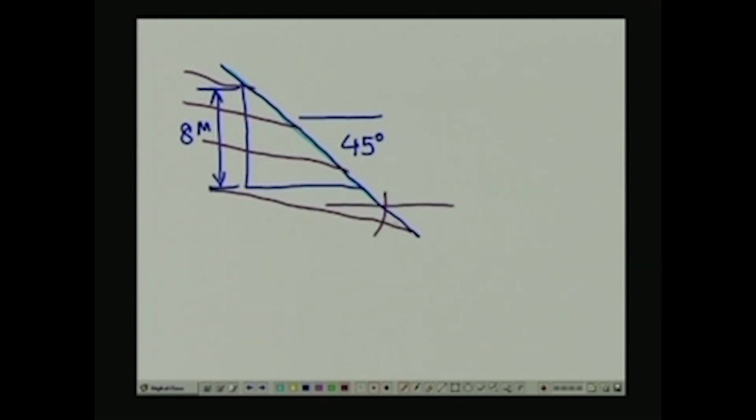So this angle here is 35 degrees, and the spacing of these joints is also given. So you are supposed to tell me whether this particular cut is going to remain stable during construction or during the operation of the highway. That is the problem there.